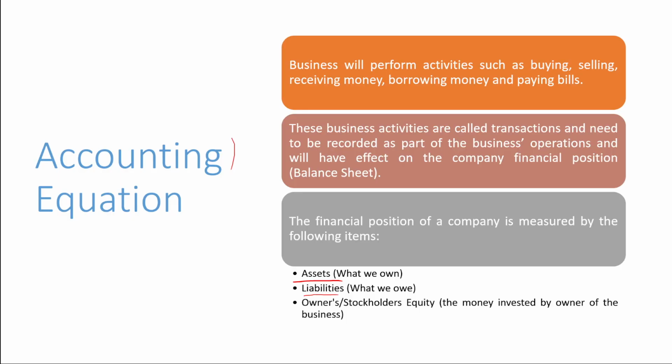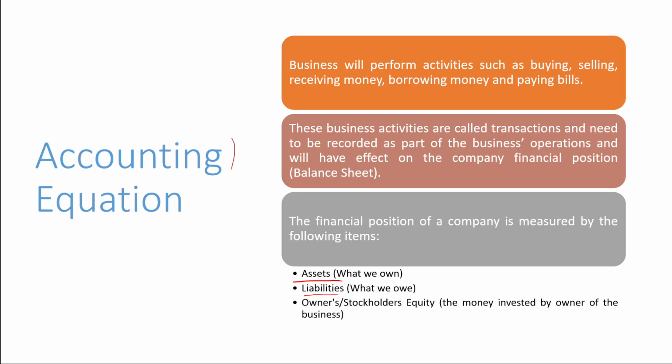And then we have owner's equity, which is also referred to as shareholders' equity or stockholders' equity. This is the investment. This is the money that has been invested by the owners of the business, but it can also represent the owner's interest in the business, where the owner starts the business without using his own money.